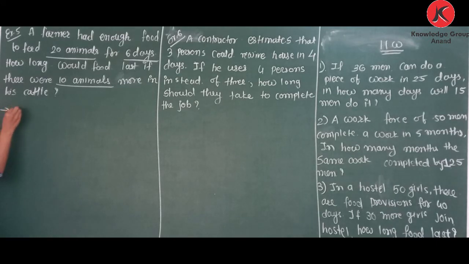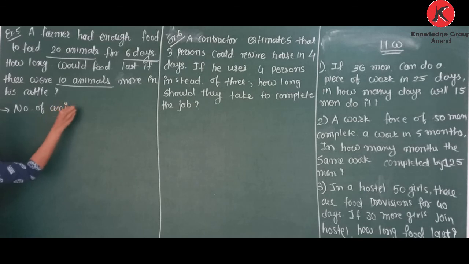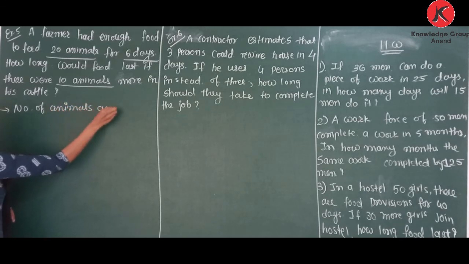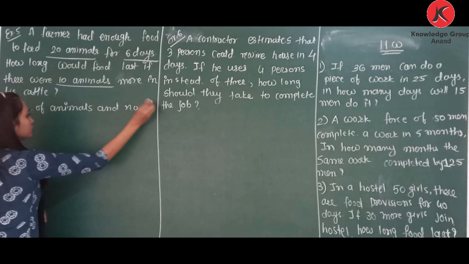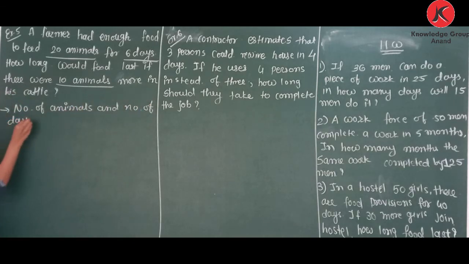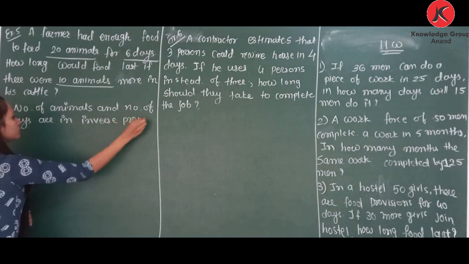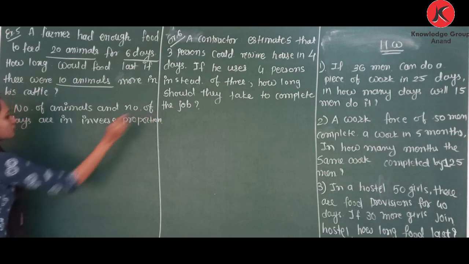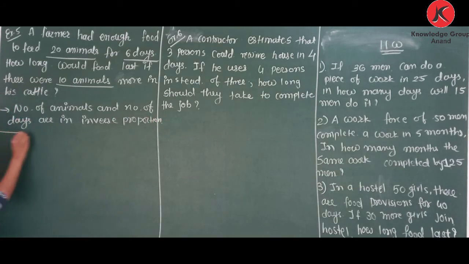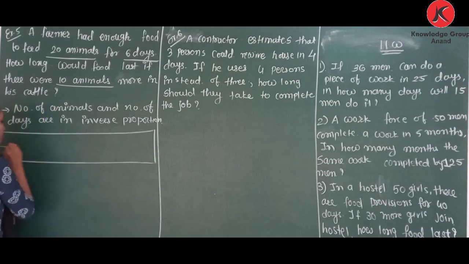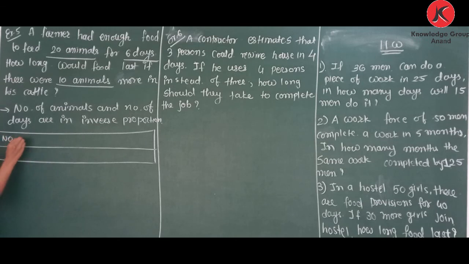So we can write number of animals and number of days are in inverse proportion. So we can write, here you can write number of animals first or number of days first, all will give the same answer.